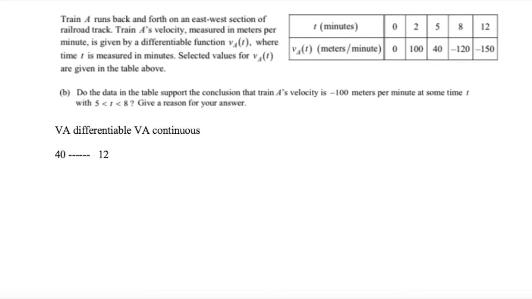So negative 120. If we're going to go from 40 to negative 120, and there are no stops between there, or no way that we can jump from one point to the other, and it's continuous, that means that at one point that 40 is going to be a 39, and then 38, and then 37, and so on and so forth until we get to negative 100.